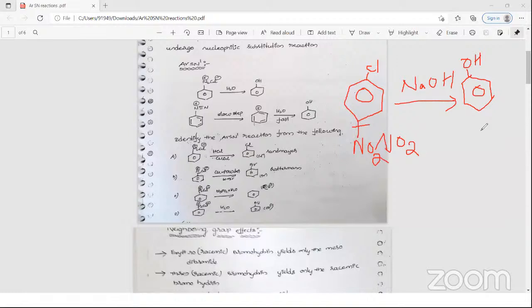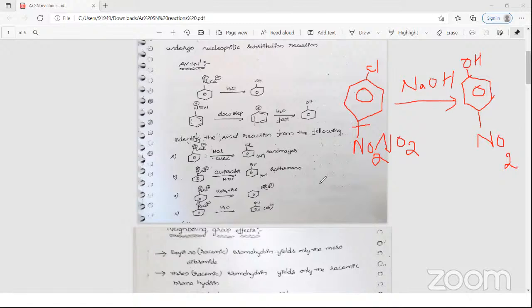In the presence of NaOH, it is going to attack, favoring this para attack. Why is it favoring? Because a cation formation is important here.